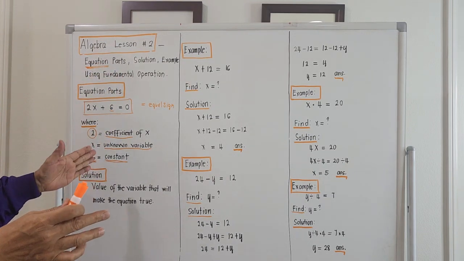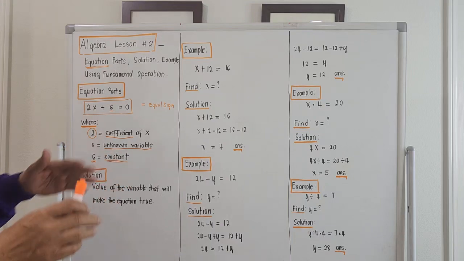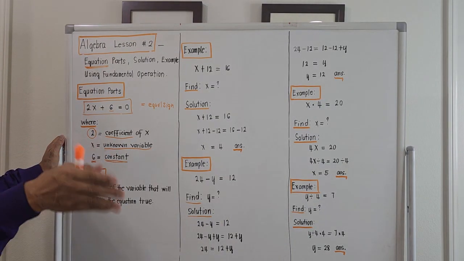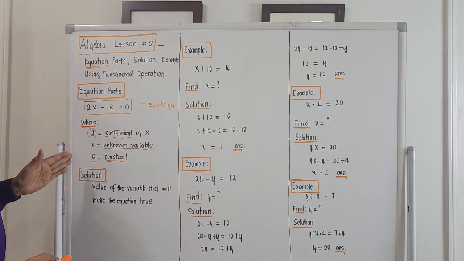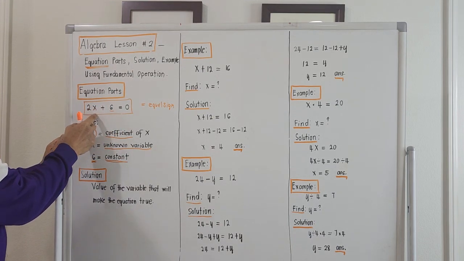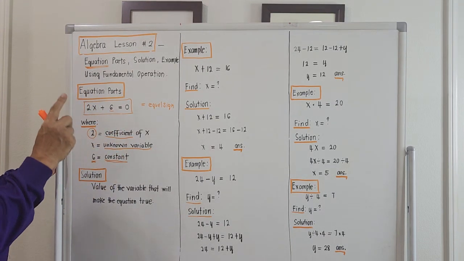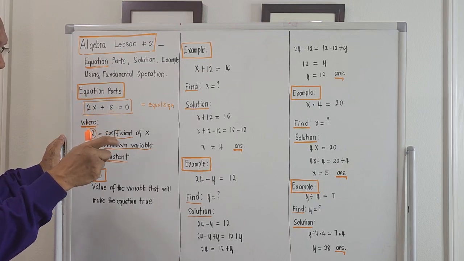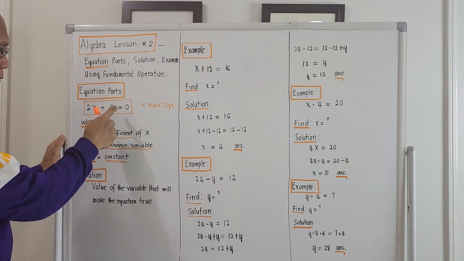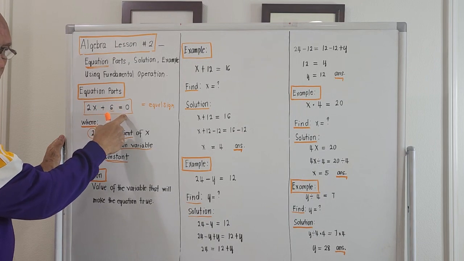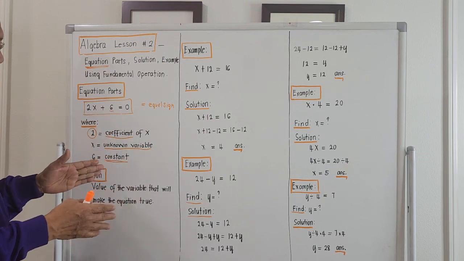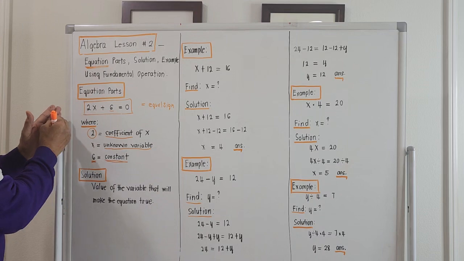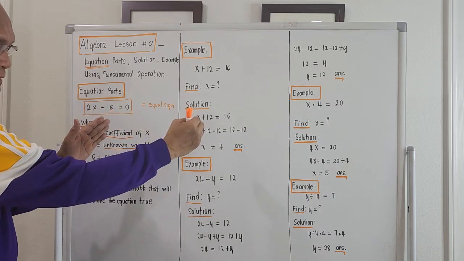What is a solution of an equation? The definition of a solution is the value of the variable that will make the equation true. Meaning, if this is an equation, x is the value of the variable that will make the equation true, meaning the left hand side will be equal to the right hand side.